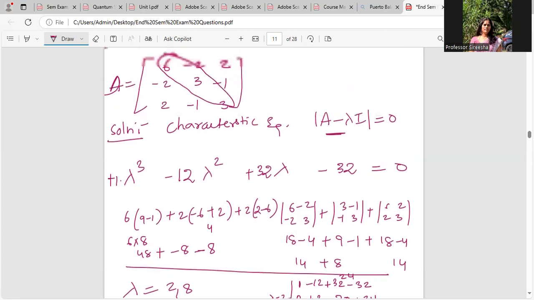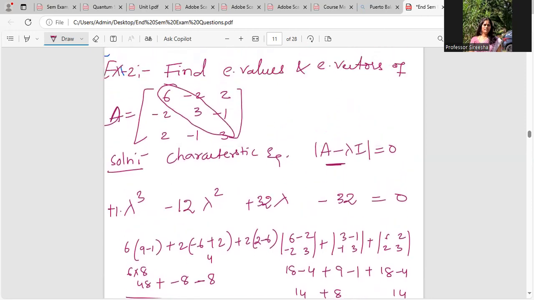It should be 32 if I'm not wrong. 6 into 9 minus 1, and then plus 2 into minus 6 plus 2, plus 2 into 2 minus 6. So it should give me the right answer.